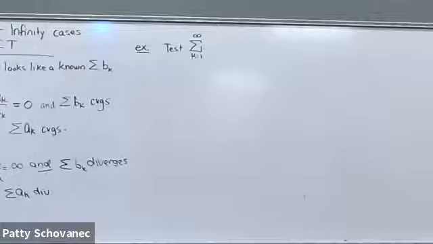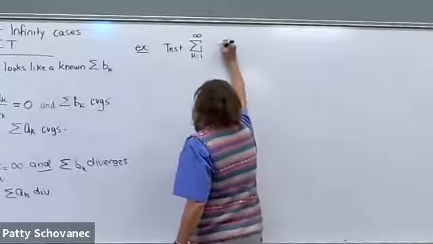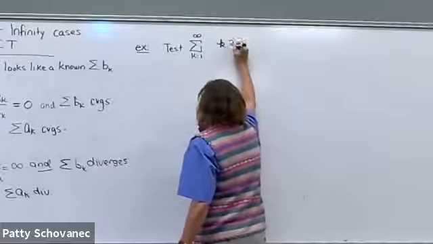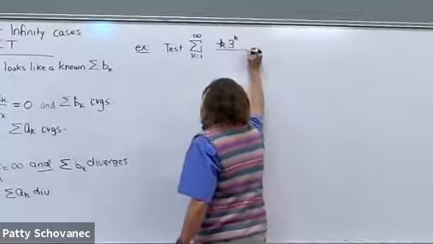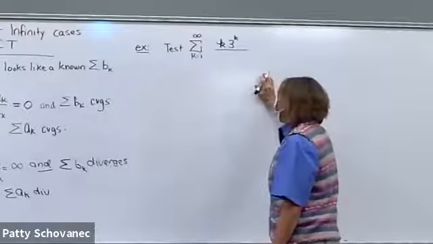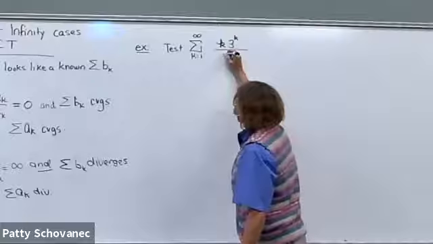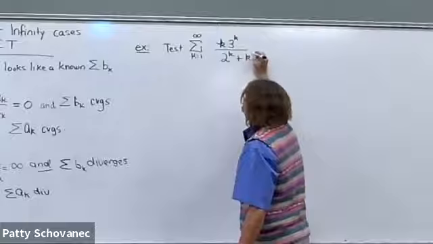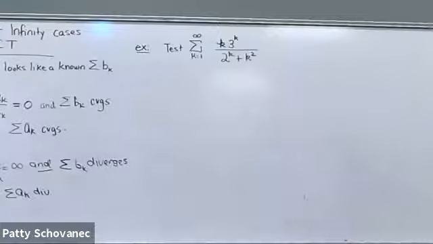Okay, I'll just make one up. K times 3 to the K divided by 2 to the K plus K squared.